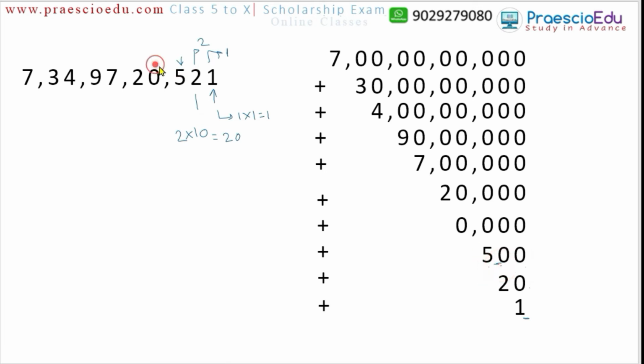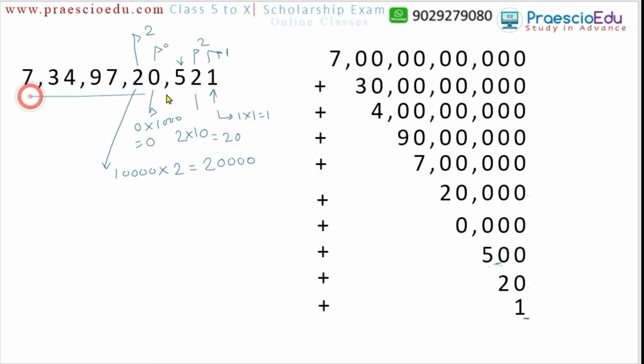Then 0 as it is, because the face value is 0 and the place value is 0 multiplied by thousands, so the answer is 0, since 0 multiplied by any number is 0. Like this, this is the 20,000: the face value is 2, that digit, and the position is 10,000 multiplied by face value 2, so this is 20,000.